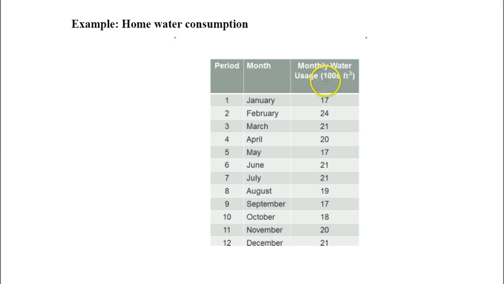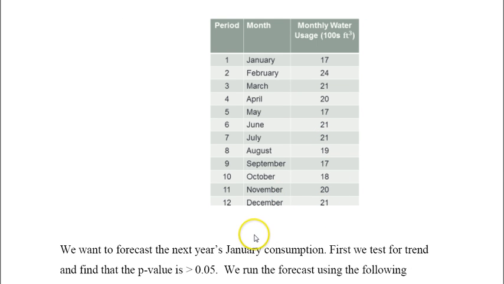The monthly water usage in hundreds of cubic feet is 17, 24, 21, 20, and so on up to 21. I want to make a forecast for next year's January consumption. Typically we would like to forecast the whole year, but once you forecast January, if you have a stationary model, all the other months will be the same.